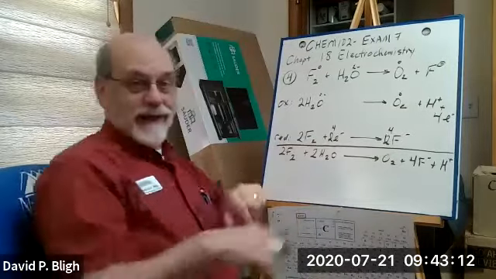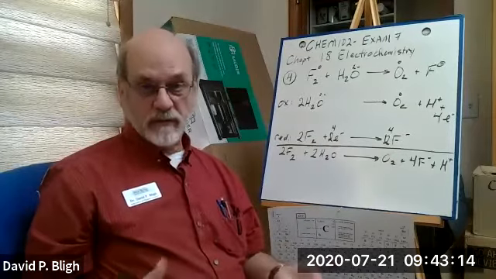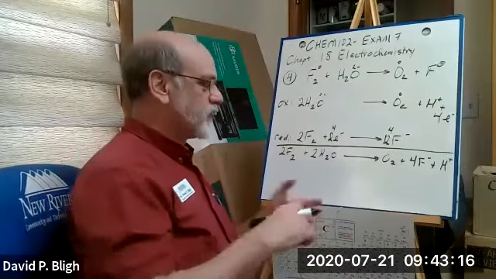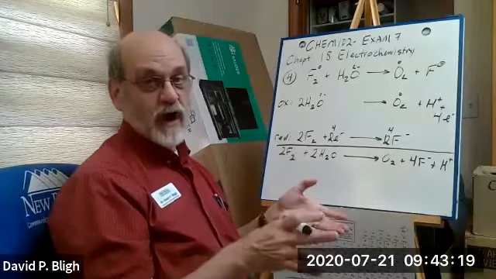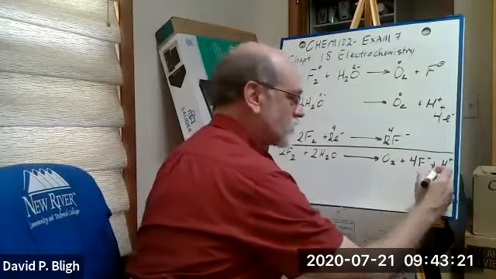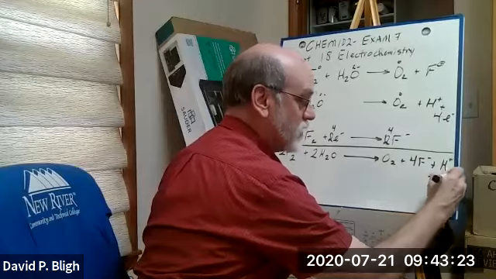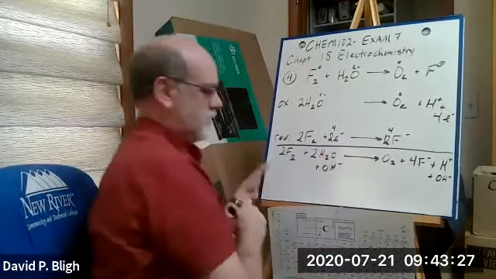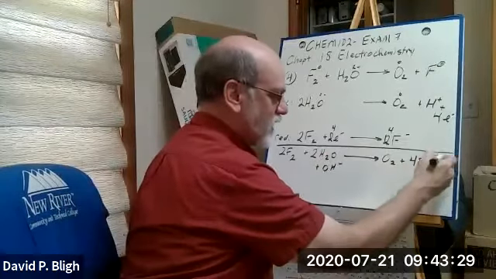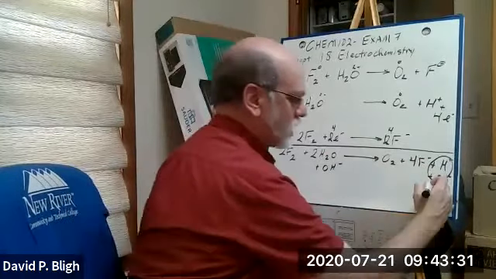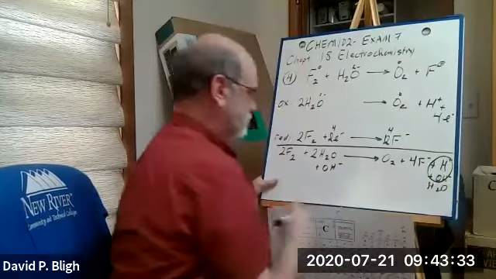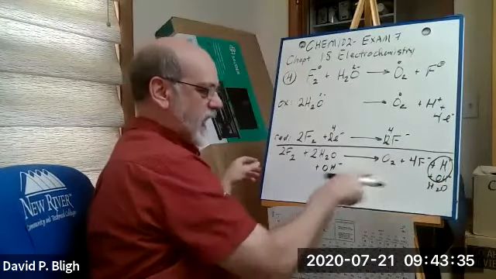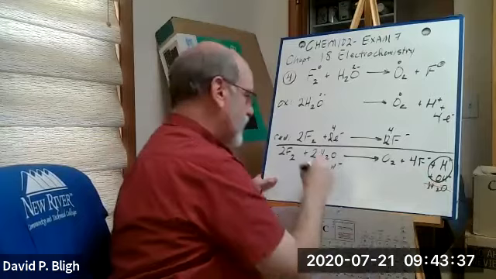Okay. Now we can convert it to basic solution. So we have to balance by adding hydroxyls. If we add in a hydroxyl here, it's just 1 of them. So we only need 1 hydroxyl on this side. Okay, so this one becomes 1 water molecule, and that 1 cancels this 1.